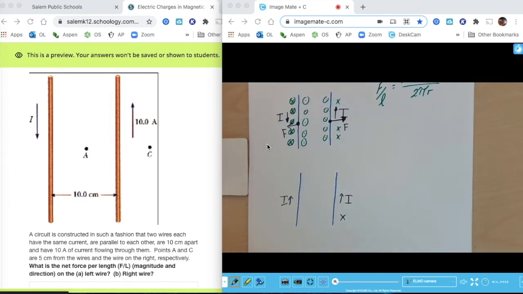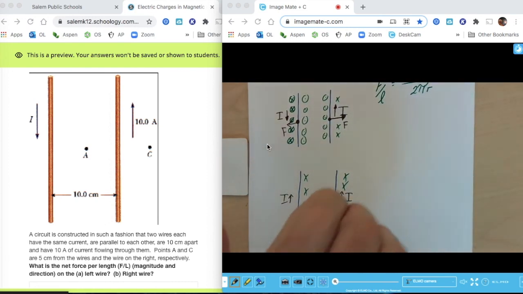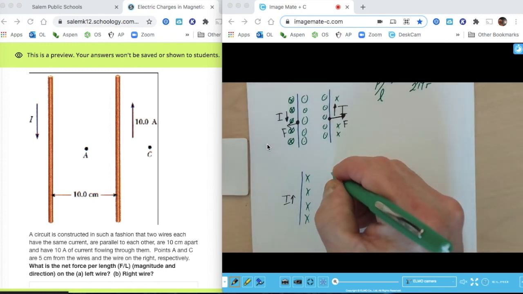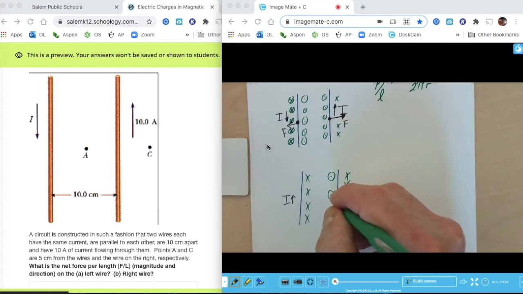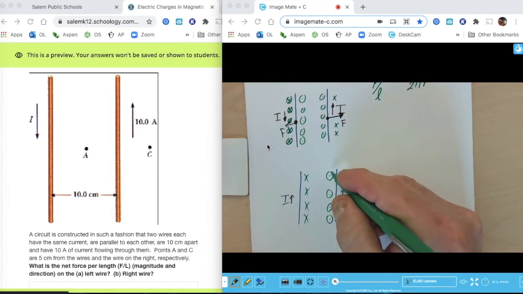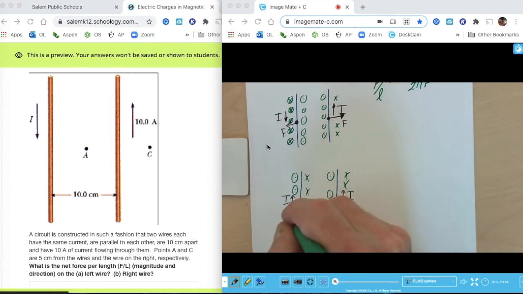I'm doing B in green. Wrapped fingers around the wire, the fingers are coming out at you on the left side of each wire. That's the B field coming towards you, and on this wire, here's the B field coming towards you on this side.